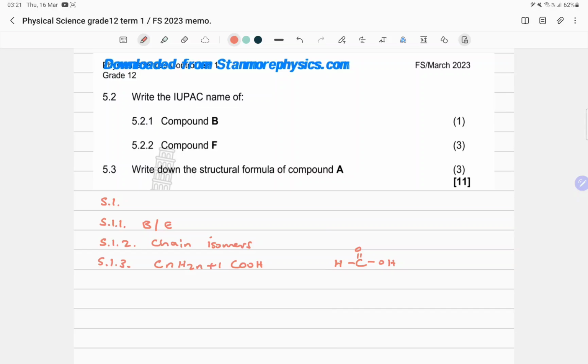Because remember, carboxylic acids, their functional group is sort of like the hydrophobic end, and then this carbonate ion. In fact, it's not really a carbonate ion, but I don't know what we call this ion now because it has a hydrogen. Let's leave it for whatever is going on.